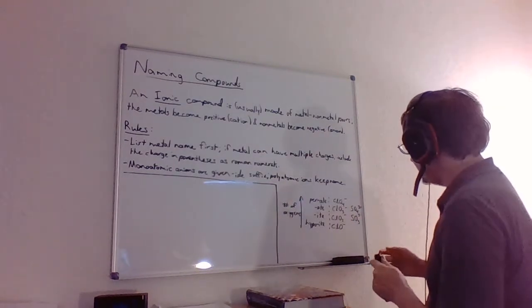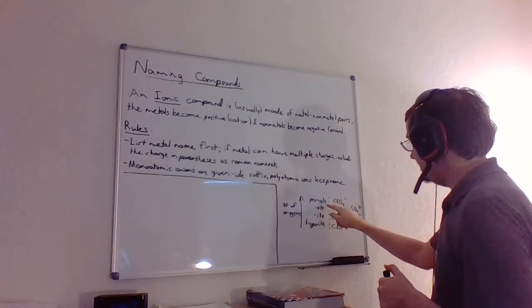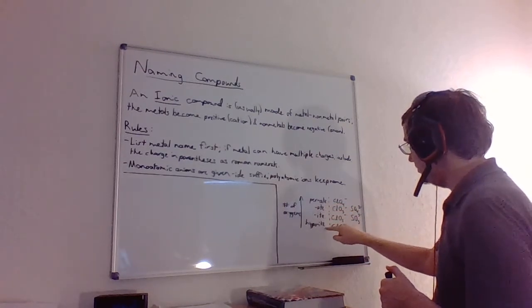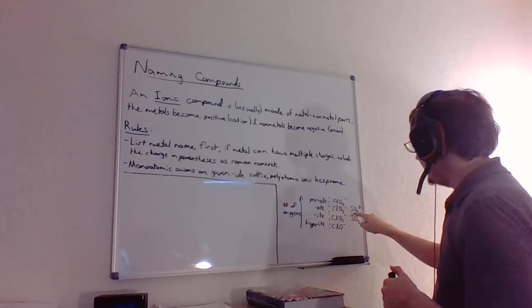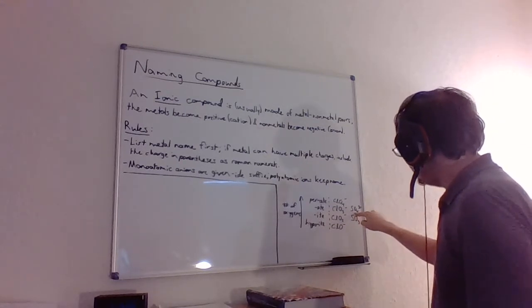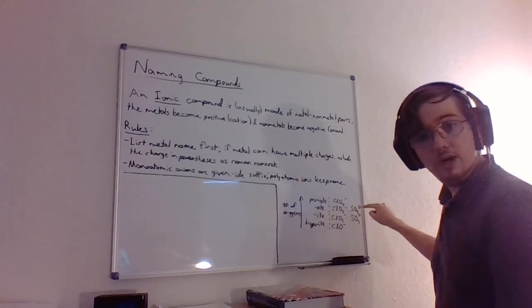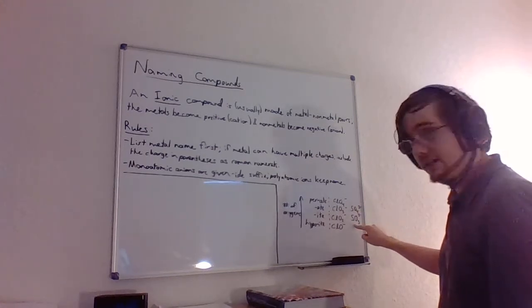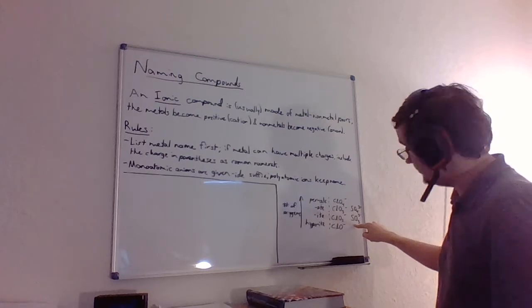It doesn't necessarily mean this is 4, this is 3, this is 2, this is 1. In the case of this right here, it's actually different. This is just sulfate, SO4 2 minus, and that is sulfite, SO3 2 minus.